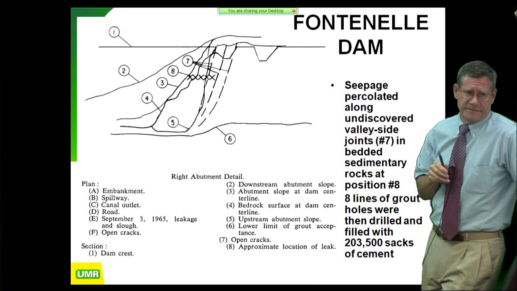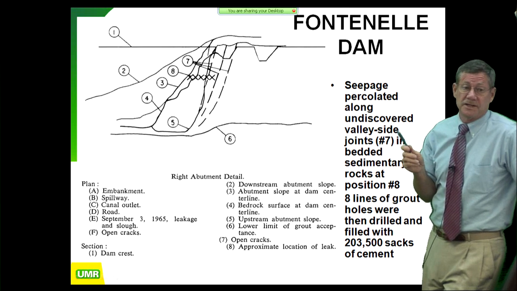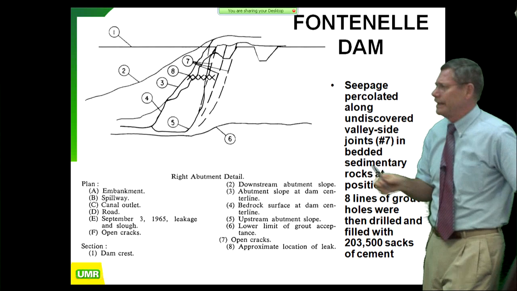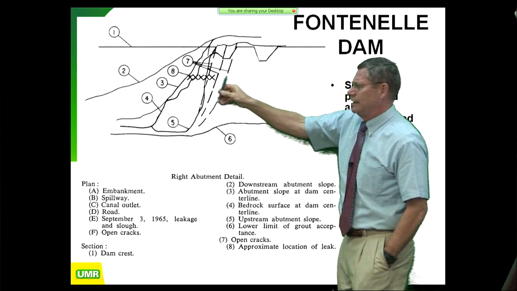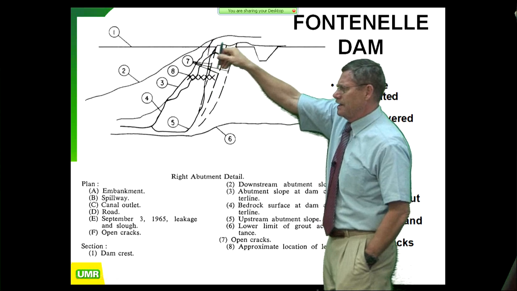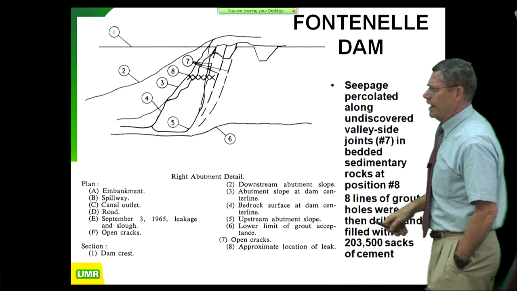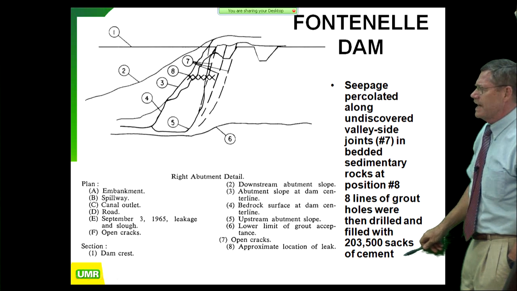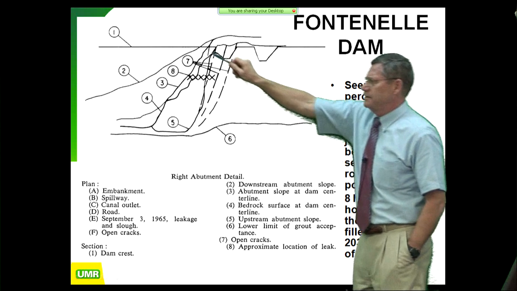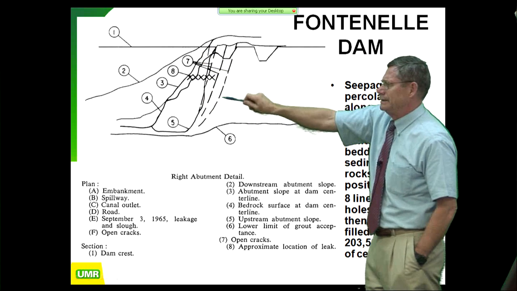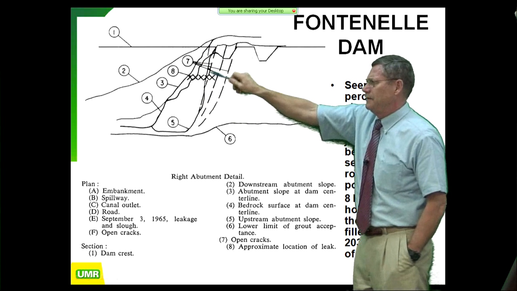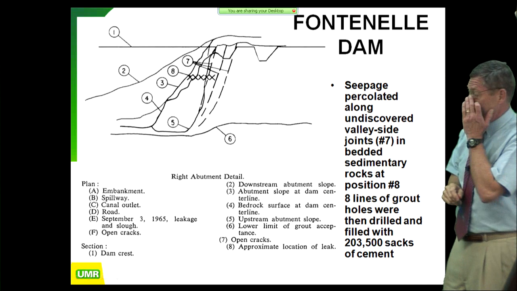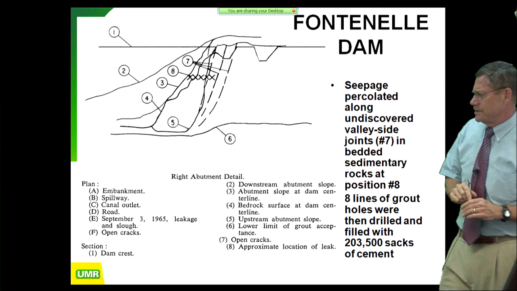That is false. You go out and look for them, they're there. They're just harder to see because sedimentary rocks are so regularly jointed already. So they came in here and did 8 lines of grout holes and ended up putting in 203,500 sacks of cement just in this one area, trying to fill all these joints up, and they haven't had a problem with it since, and that's 45 years ago.